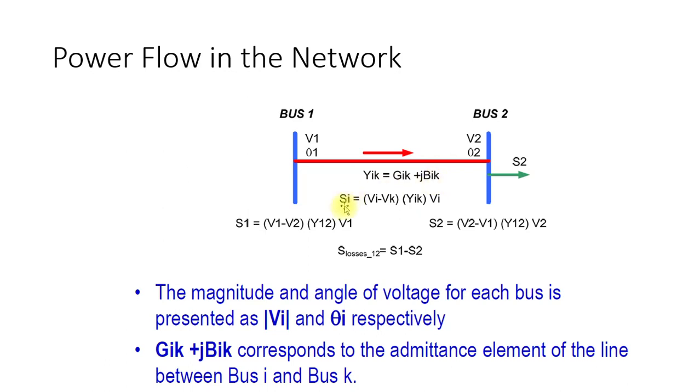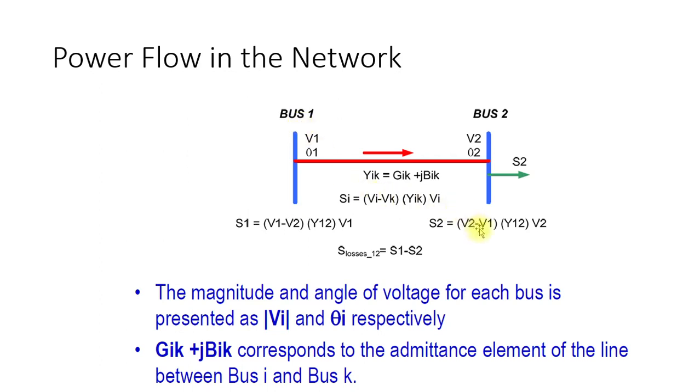Now if we want to know the power flowing from bus 1 to bus 2, for bus 1 we can write S1 equal to V1 minus V2, the difference between these two, into Y12, the admittance between these two, or we can divide by Z, into V1, the voltage of this node.